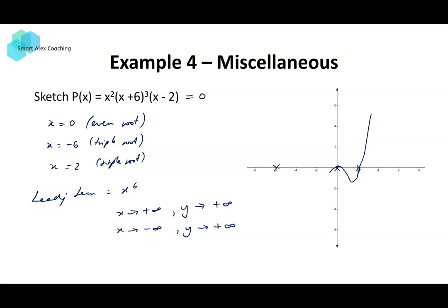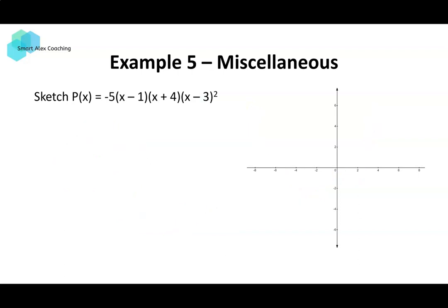And since I've got a triple root at x equals minus 6, I'm going to cross it, but with a kink. And as we can see, as x approaches positive infinity and as x approaches negative infinity, in both cases, my curve approaches y going towards infinity.